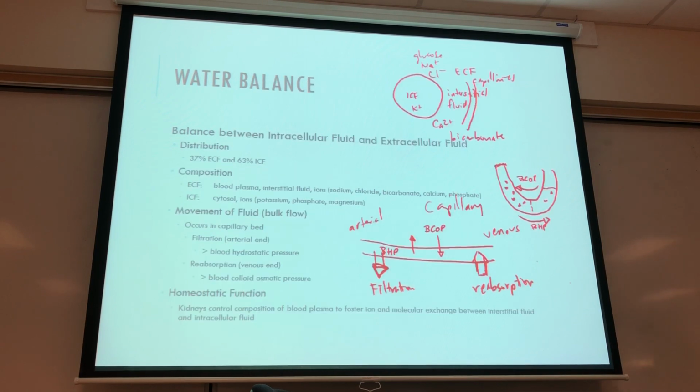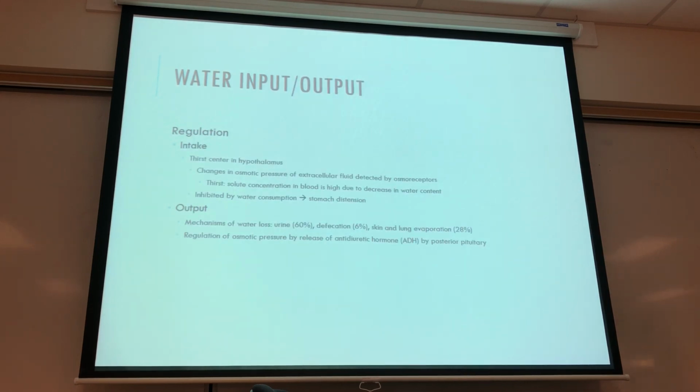So given that, now we've talked about the movement of water, as well as all the stuff that might be dissolved in the water, let's consider those aspects for water input as well as water output. Water intake is driven by the thirst center.